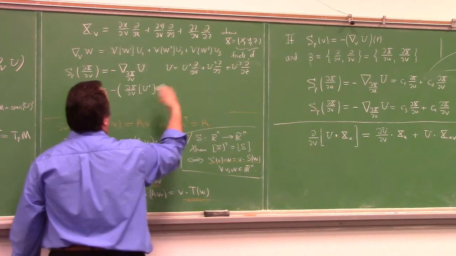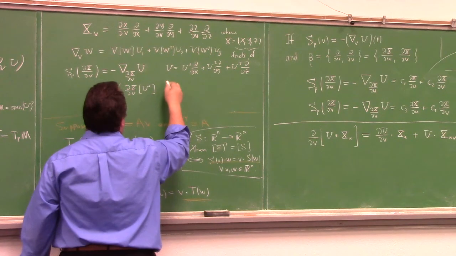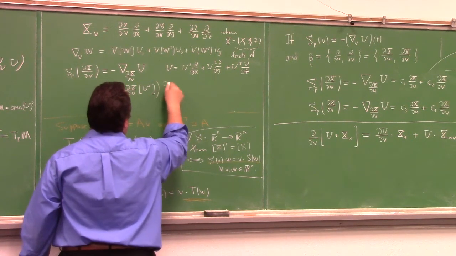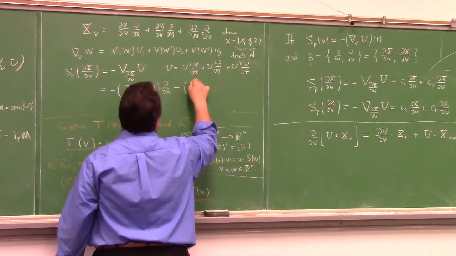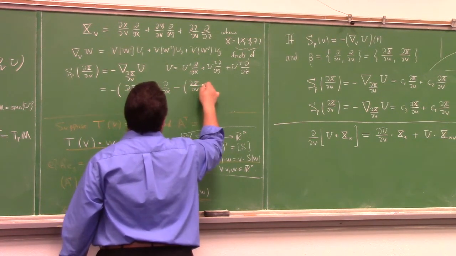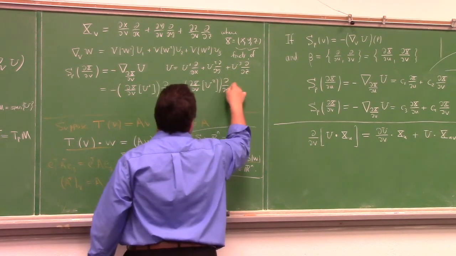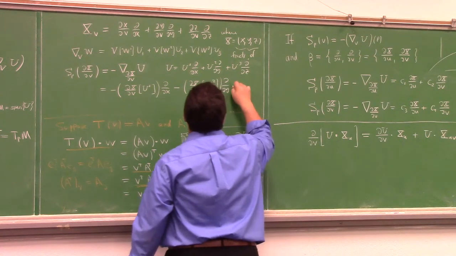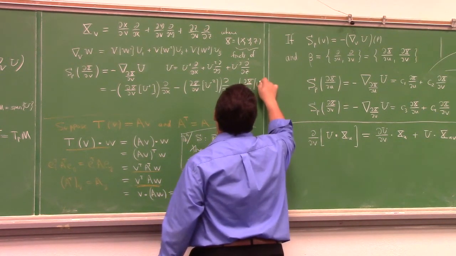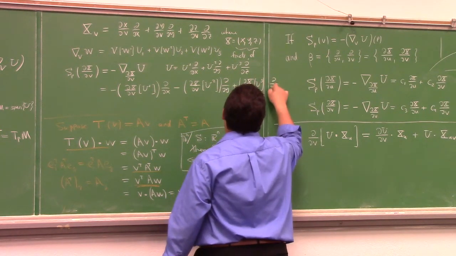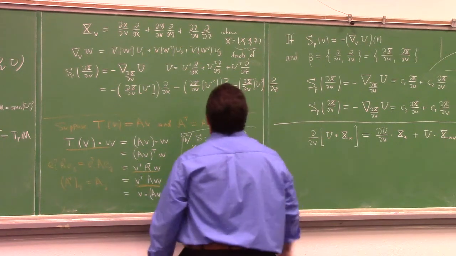And then that's in the u1 direction, which I'm going to write as partial x. Exactly. But this time u2. It's supposed to be a minus, right? All right.